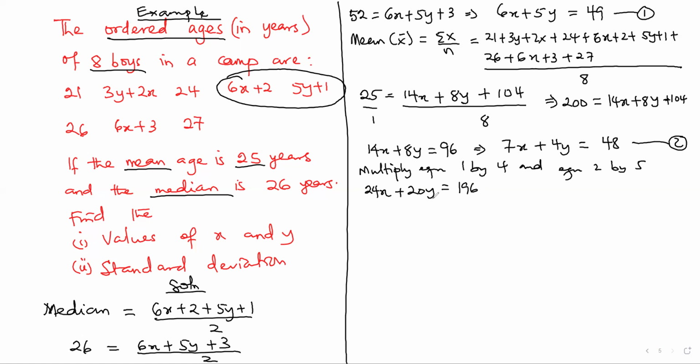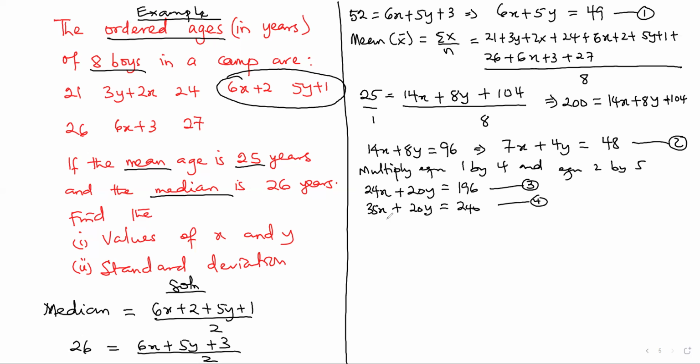Equation 2 by 5, we multiply 7 by 5 to get 35, 4 by 5 to get 20, and 48 by 5 to get 240. So this is equation 3 and this is equation 4.